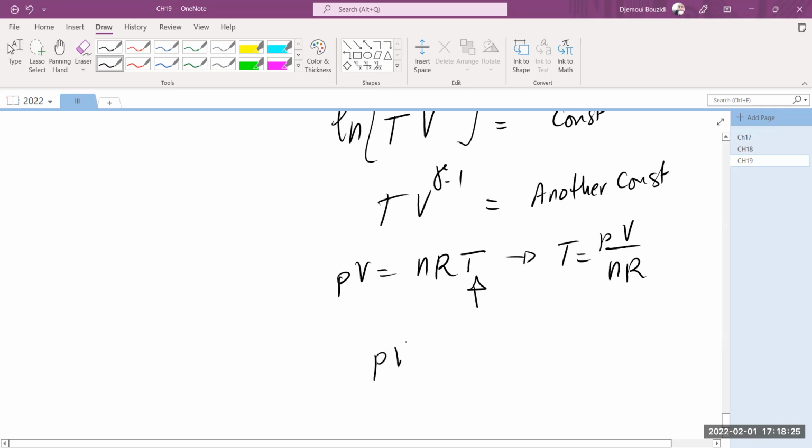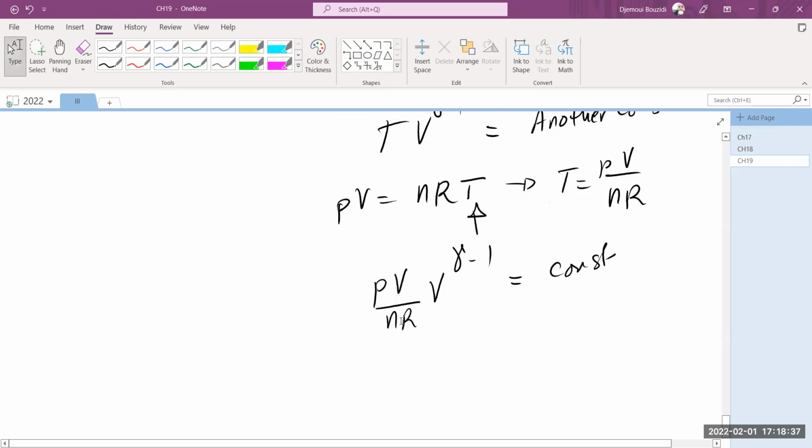So what I have in here, I have PV over nR times V to the power gamma minus 1 is equal to some constant, okay? Some constant, who cares what that constant is? I'm going to multiply everybody by nR, which brings me to another constant, a new constant. And now you're probably wondering, what is this constant business meaning? And that's part of the lab, by the way.